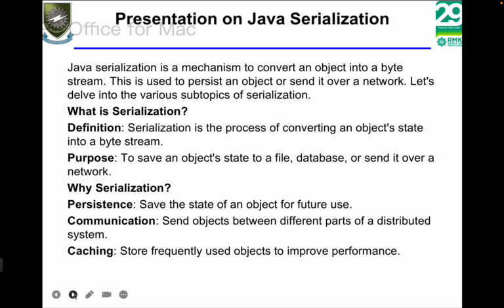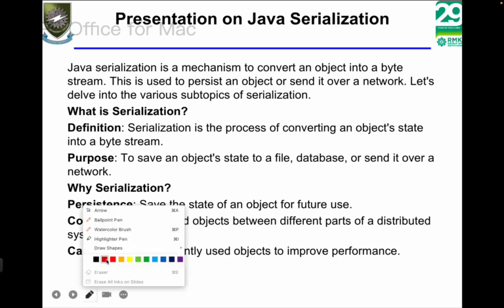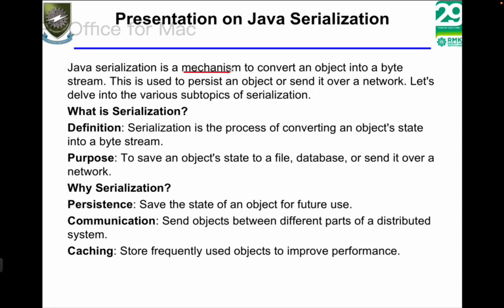Now we go in deep with Java serialization. Java serialization is just a mechanism to convert an object into a byte stream. Why is it needed to convert an object to a stream?